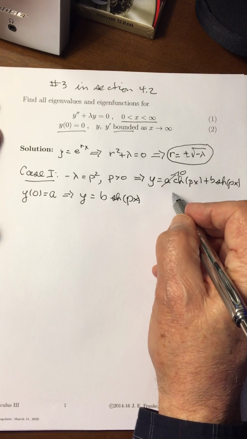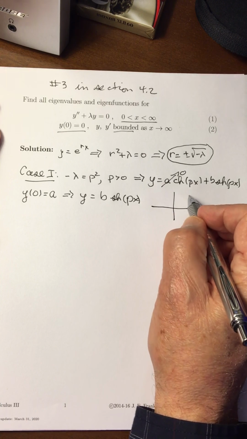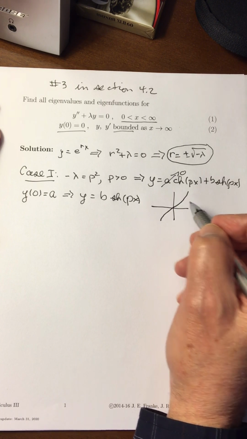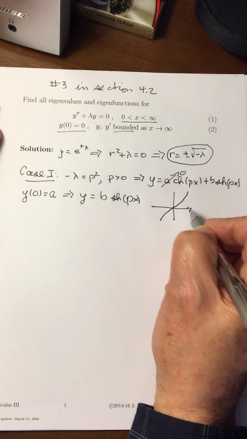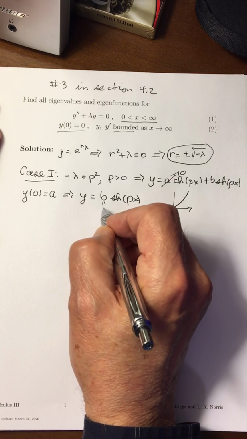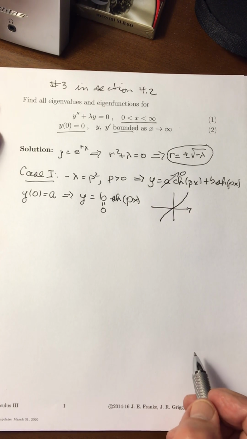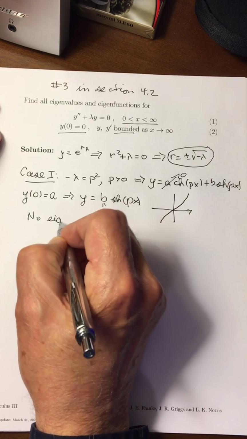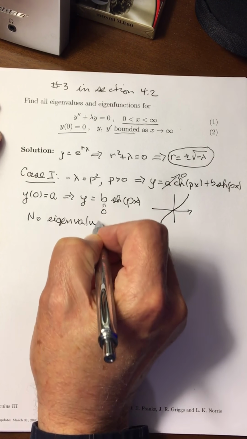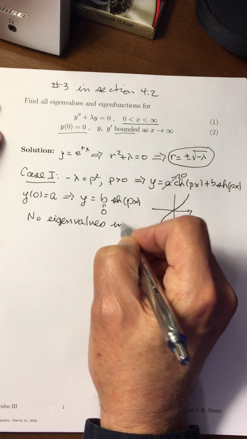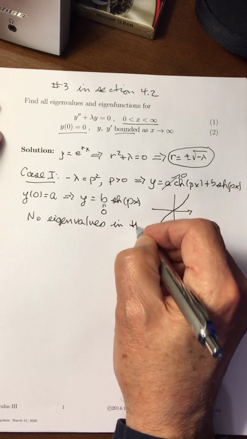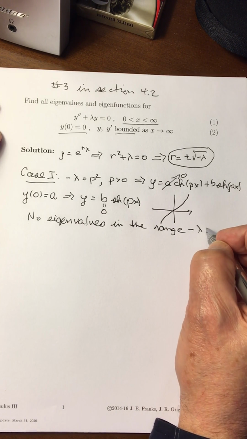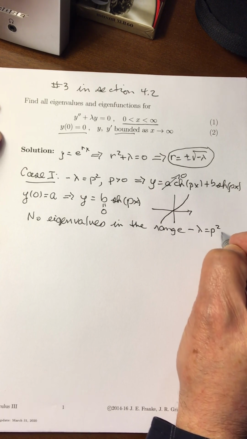But we remember the graph of hyperbolic sine goes to plus infinity as x goes to infinity, so we need to choose b to be 0, and hence no eigenvalues in the range minus lambda equals p squared, not 0.